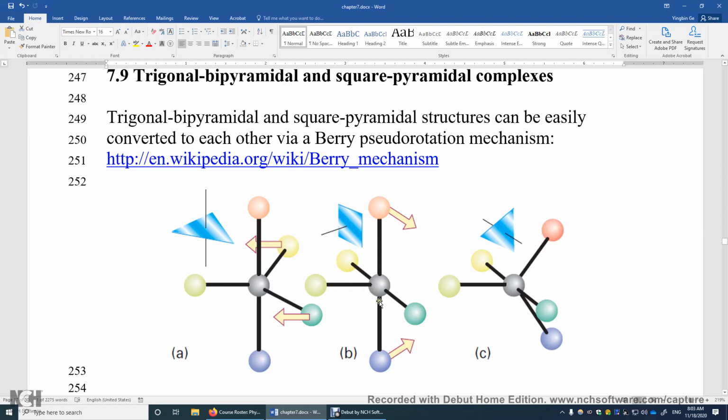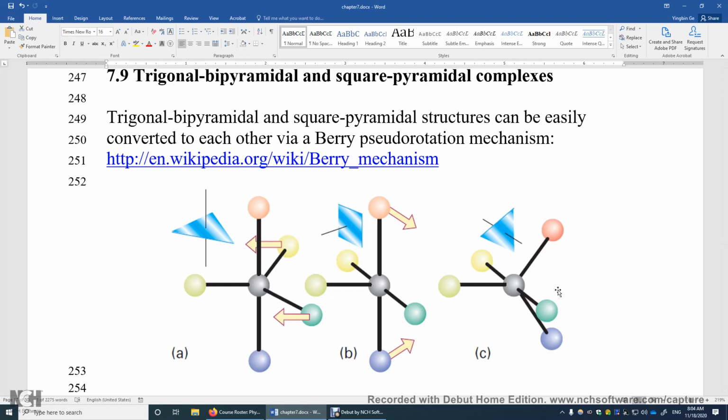And also we can do the same thing here. Change this bond angle to 120. So this blue will go here, and this orange will go here. Now if you look at this structure, this is no longer square pyramidal. This is trigonal bipyramidal again.